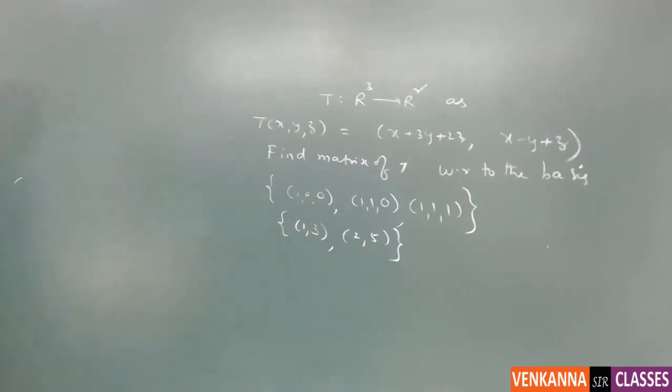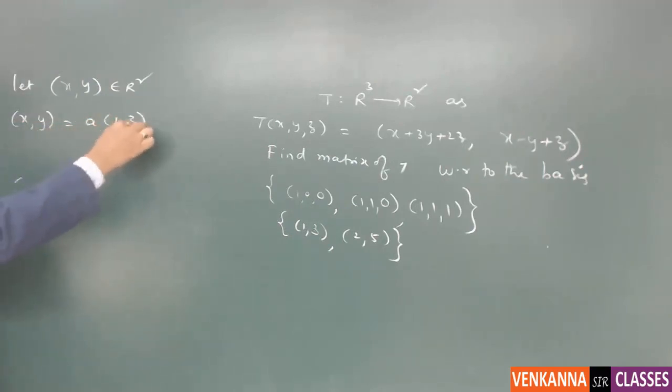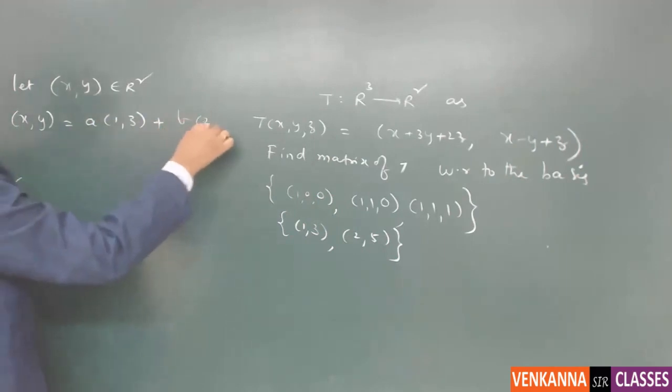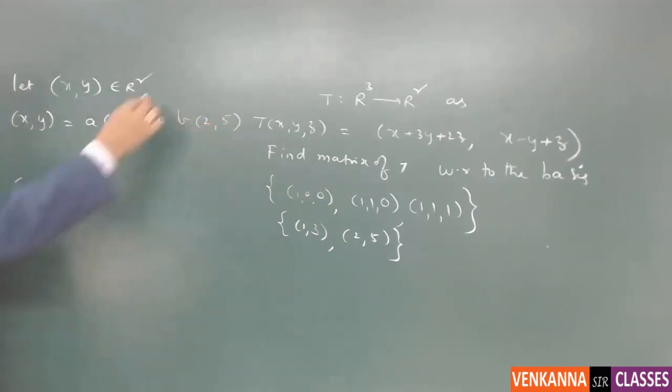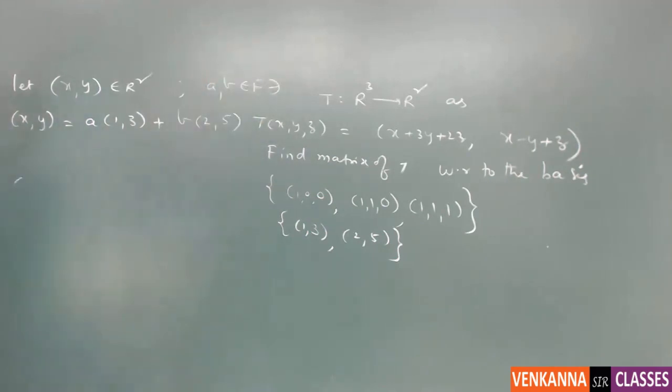It means that whenever I take a vector (x, y) in R square, I need to write that vector as a linear combination of the codomain basis. So I am going to find the scalars a, b in terms of x and y. So let us do that.